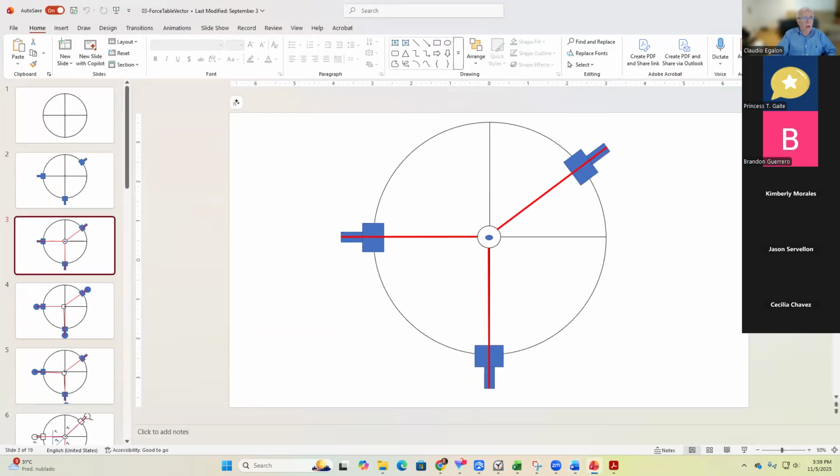And that's what you see right here, right in this illustration. That's the clamp, that's the pulley.